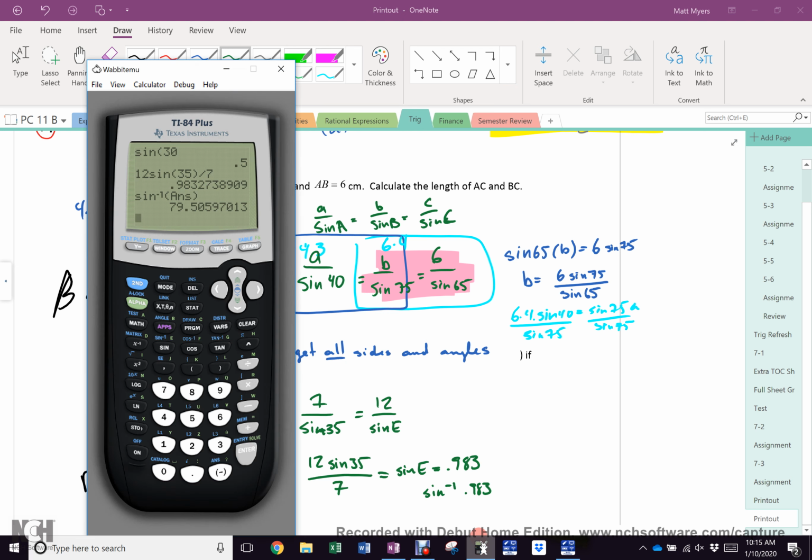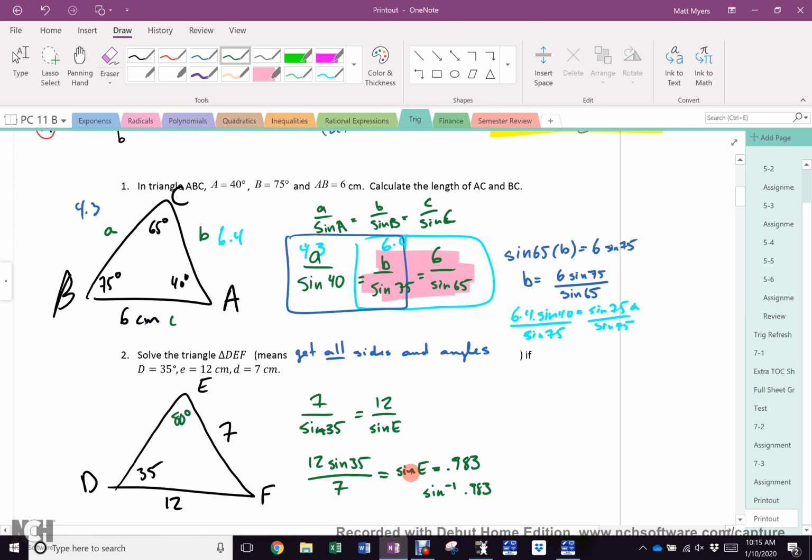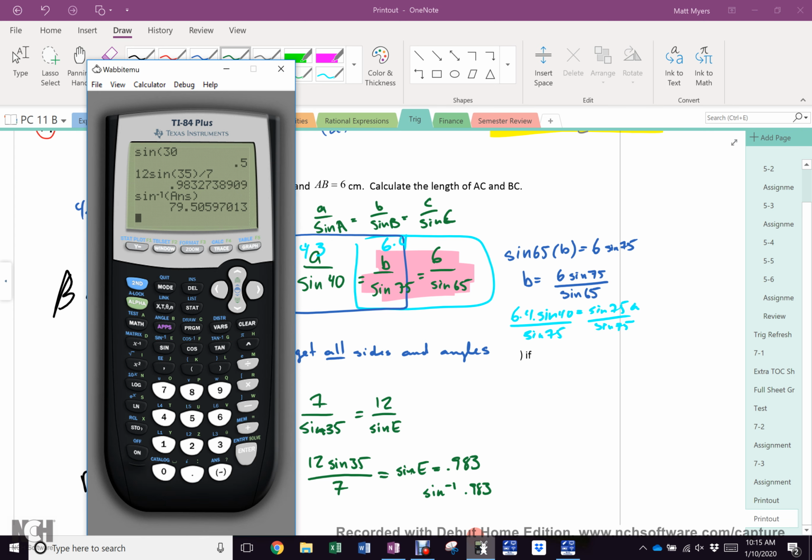Now, I look at this question. I know that I'm going to be left with a sine, yes? So what I'm going to do is go shift sine. Then I'm going to put this in. Bracket 12 sine 70.